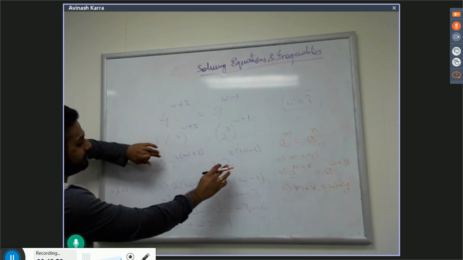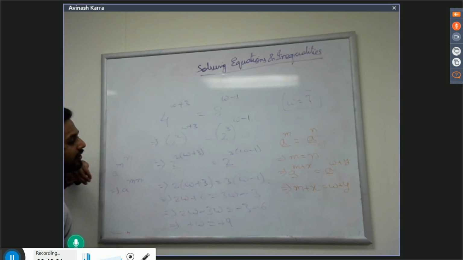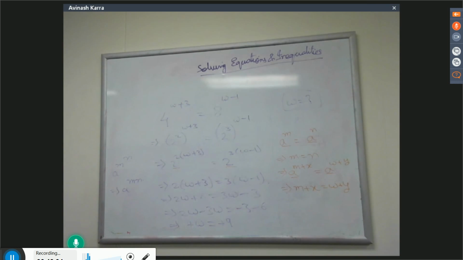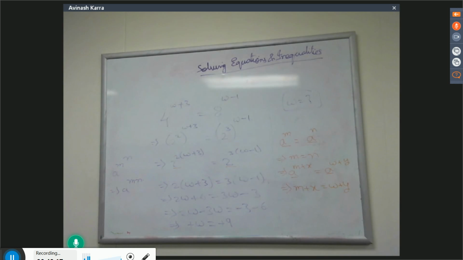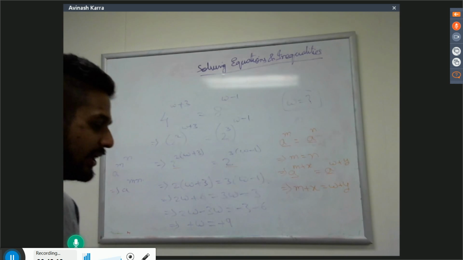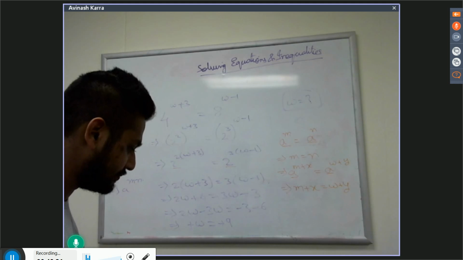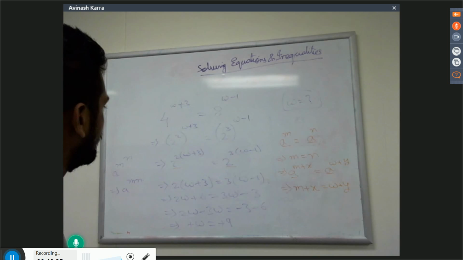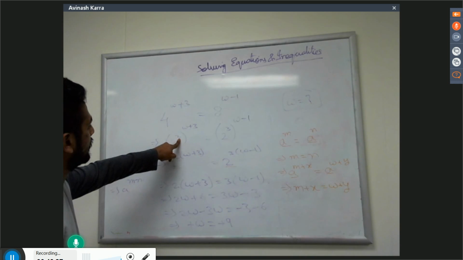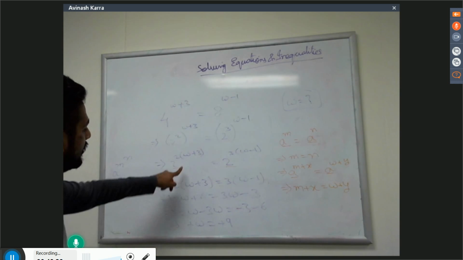No, I understand that part. I understand the formula and everything. I'm just wondering why you didn't solve 2 to the power of 2, like 2 to the power of 2 times w plus 3.